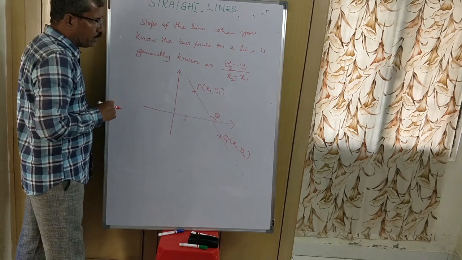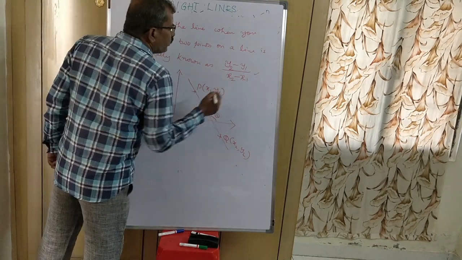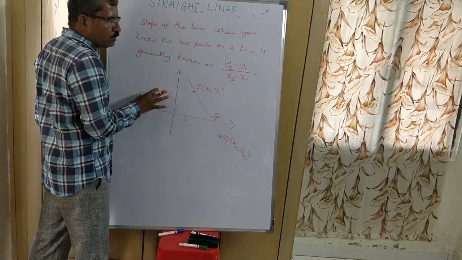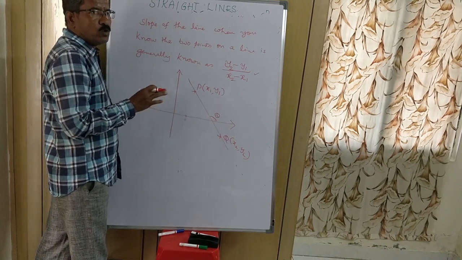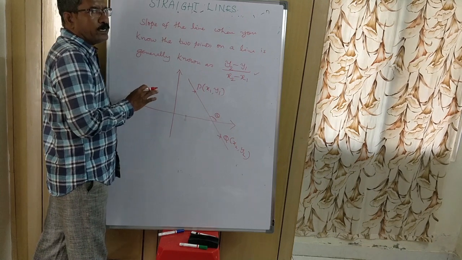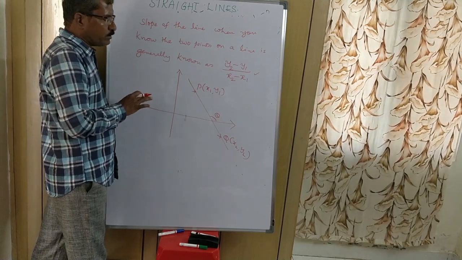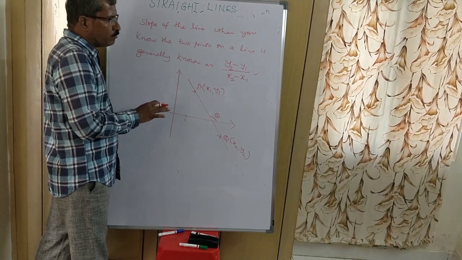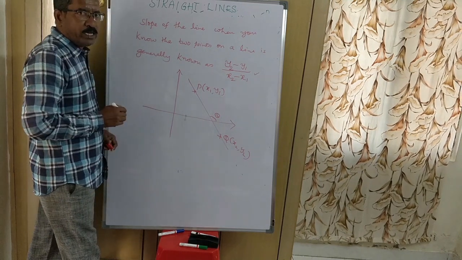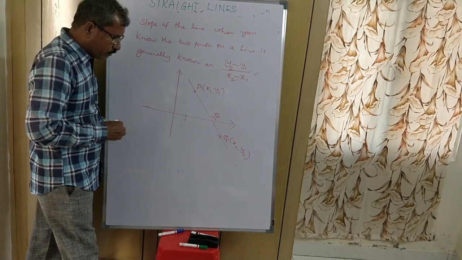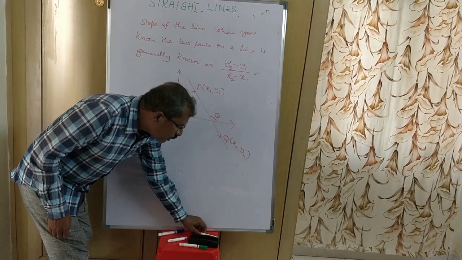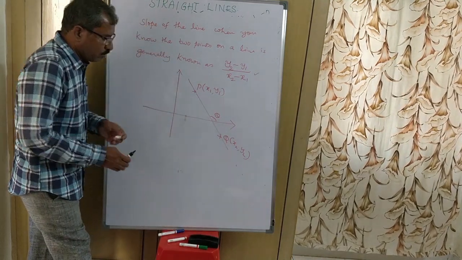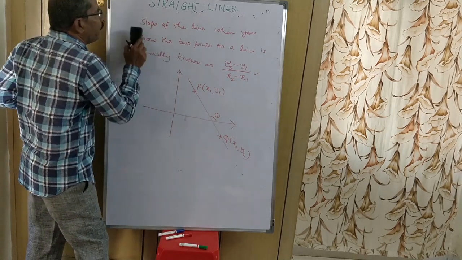When the two points are known, or if the angle is known, the slope is tan theta. The measurement of tan theta gives you the magnitude of the slope of a line. After this, I am going to introduce the intercepts of the straight line. And look at another problem.